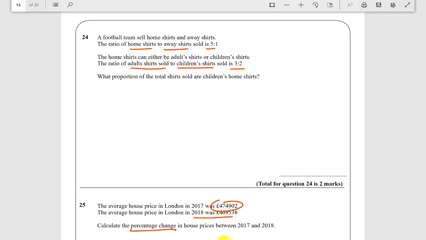Okay, so what proportion? Now we know proportion is out of the whole thing. So we know home shirts to away shirts is 5:1. So let's write down the proportion of home shirts. Home shirts is 5 out of the total, which is 5 plus 1, 6. So 5 out of 6.